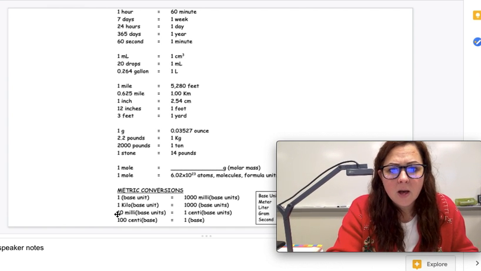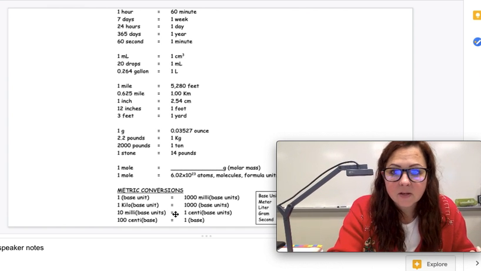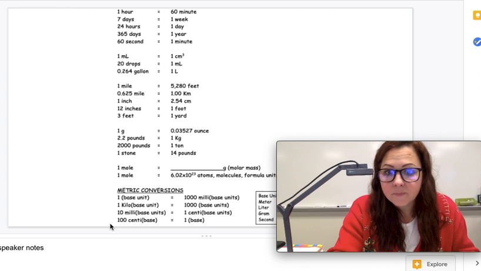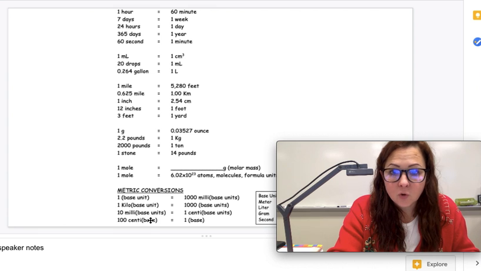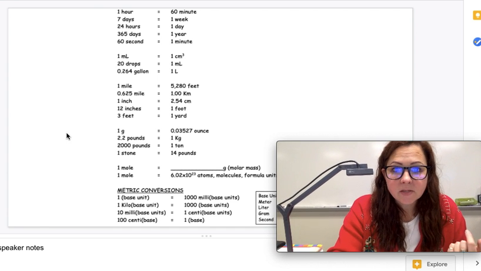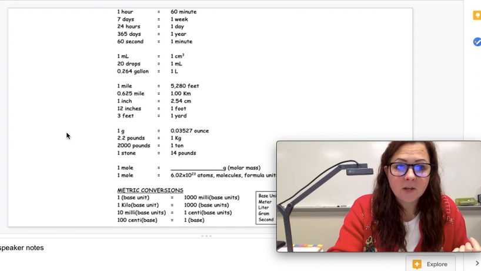Or here, 10 milliseconds is equal to 1 centisecond. Or 100 centigrams is equal to 1 gram. So where it has the word base right here, you're filling in meter, liter, gram, second.